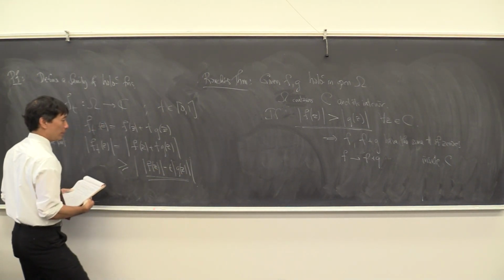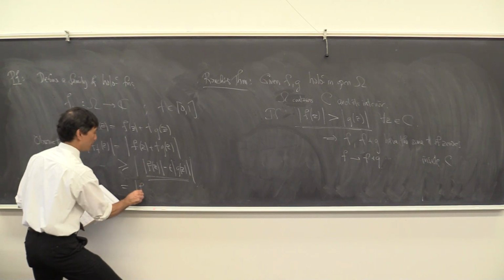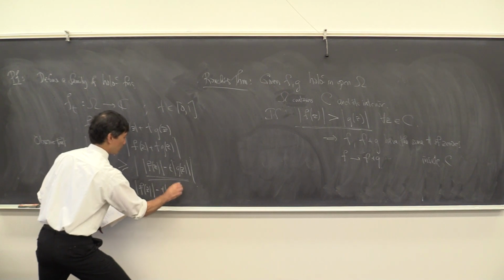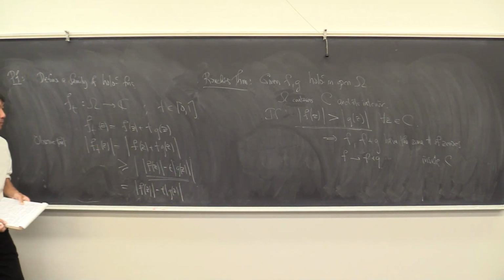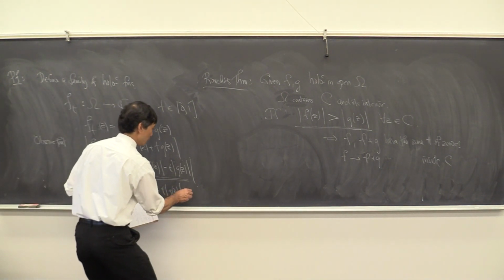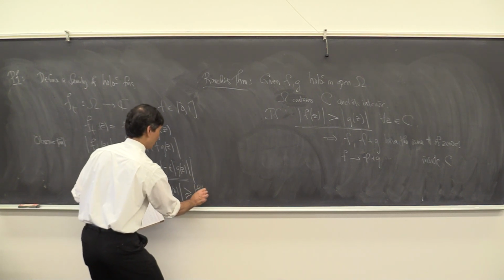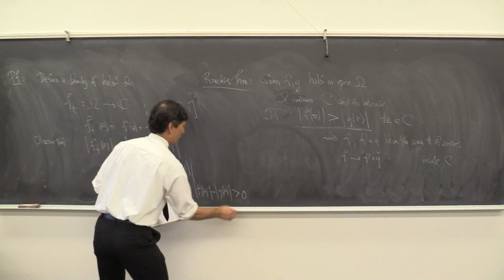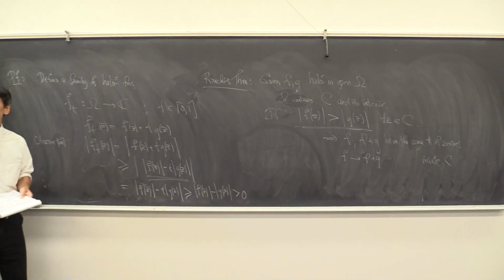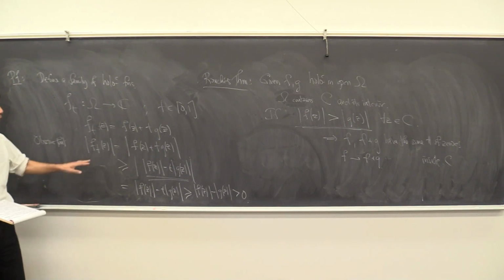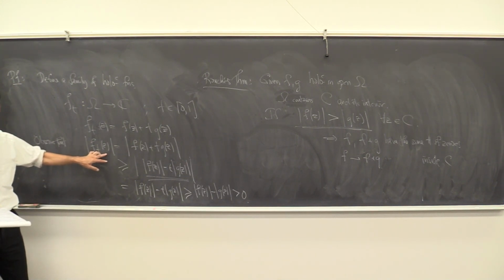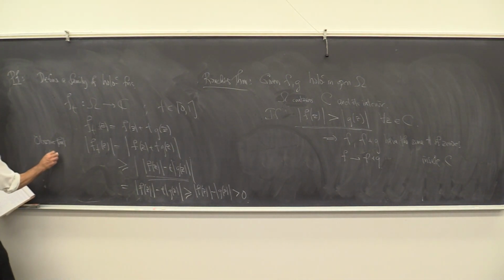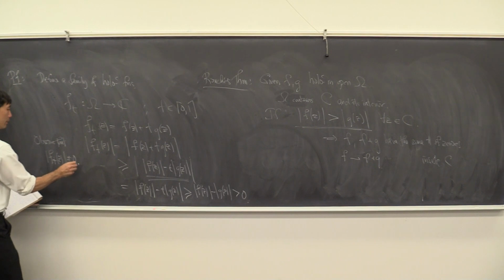So this equals this minus this, which is bigger than or equal to this minus this, which is bigger than 0 by assumption. What's the point? The point is that this thing is not 0.